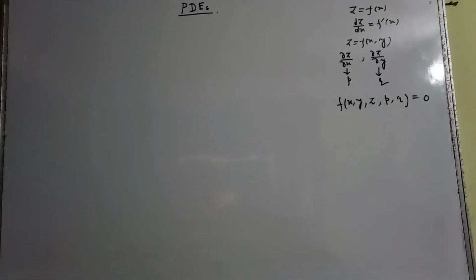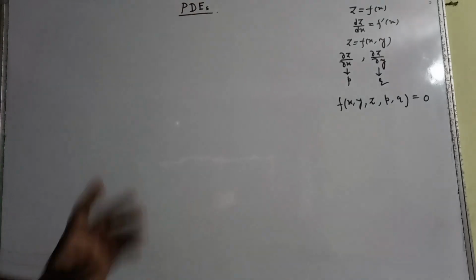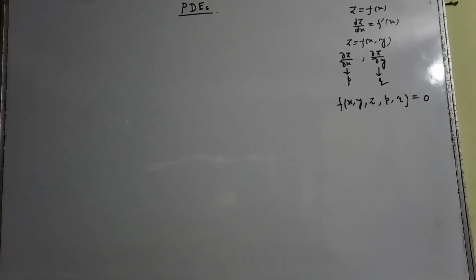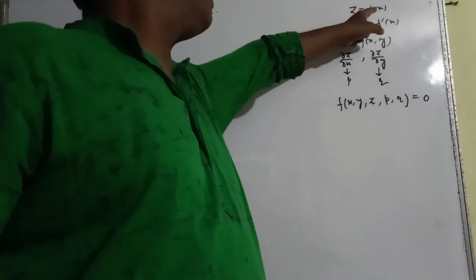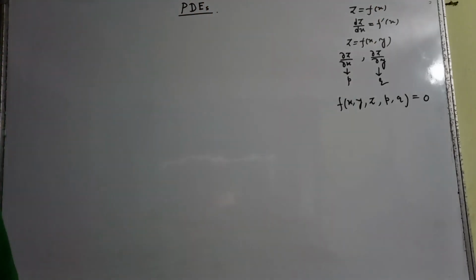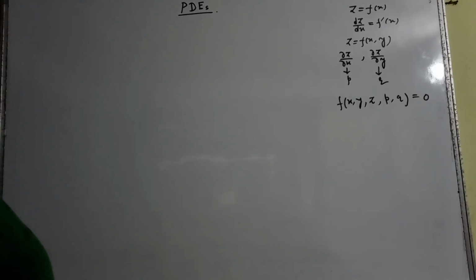Today we will do first order partial differential equations, PDE. If z equals f(x), that is, z is a function of a single variable x, then x is the independent variable and z is the dependent variable. Z depends on x.